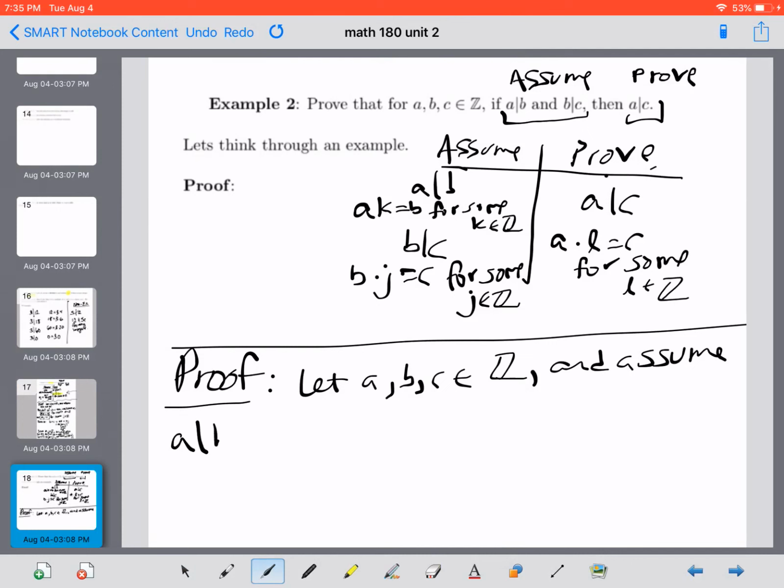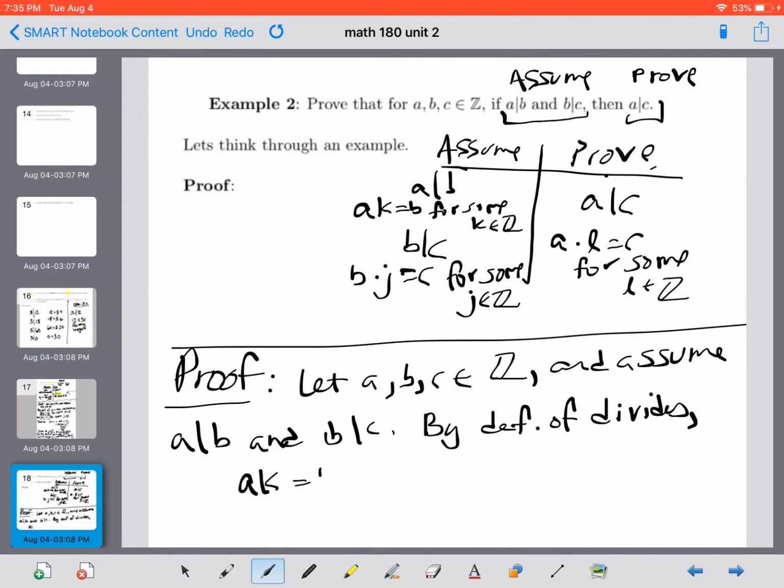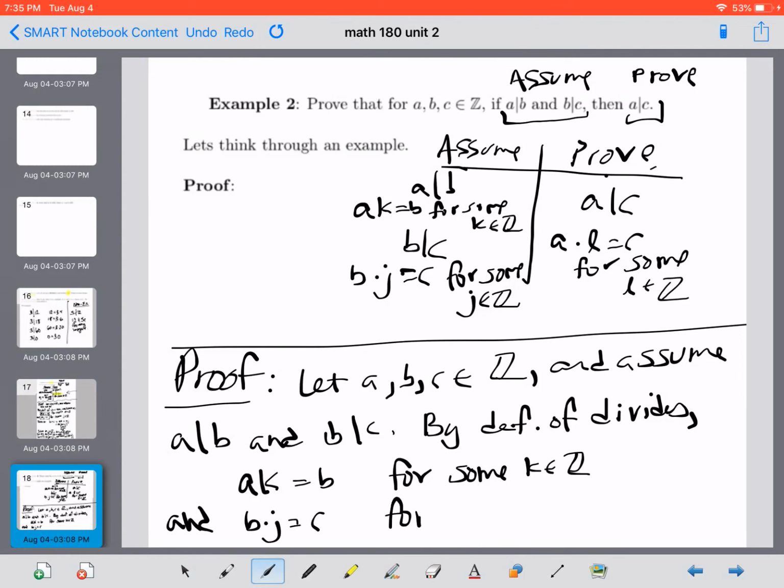So assume A divides B, and B divides C. Alright, now using what we have in our assume column, which is just the definition of divides, by the definition of divides, this means A times K is equal to B for some integer K, and B times J is equal to C for some integer J.